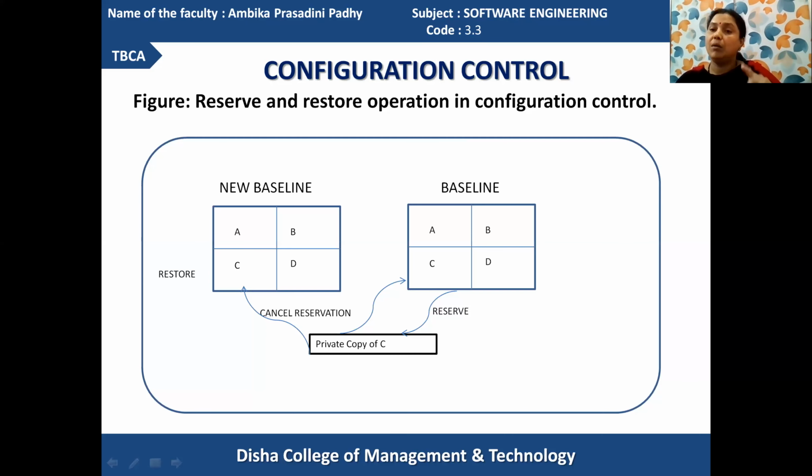Before being updated in the original baseline, the configuration control manager checks whether the changes are allowed or not, then it is applied on the original baseline. When it is updated in the original baseline, then the reservation is cancelled regarding the private copy. Got it? So in this way, you require the configuration control, and this is one example where reserve and restore actions on the private copies of a particular module can occur in order to allow the changes to be applied.